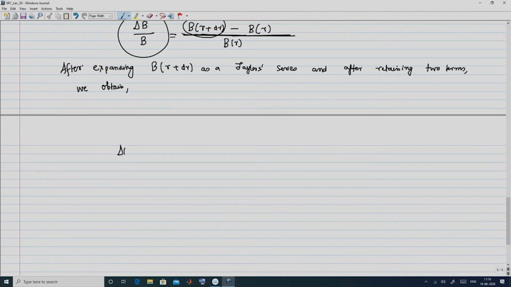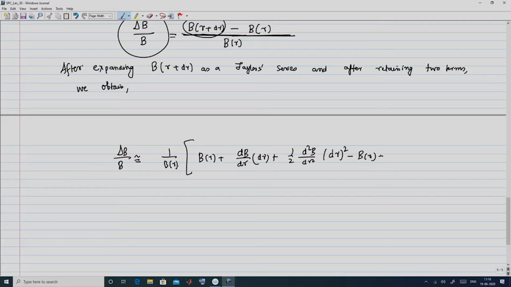We obtain that delta B over B is approximately 1 over B of R, and then I do a Taylor series expansion of B of R plus dr. So, this is going to be B of R plus dB over dr into dr plus half d square B over dr square into dr whole square minus B of R, plus the higher order terms which I am neglecting, which is the reason why I have this approximation.